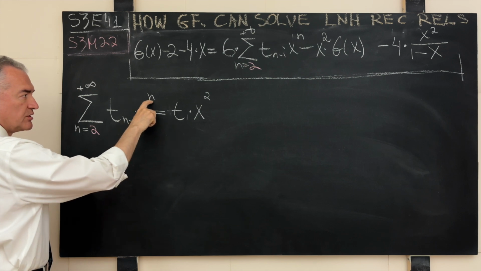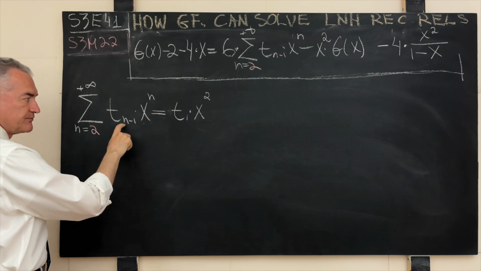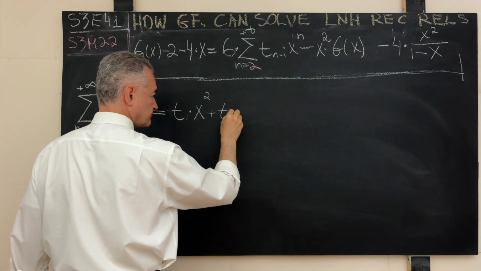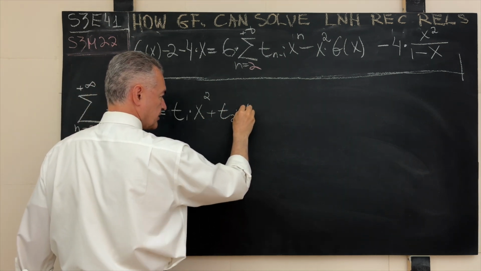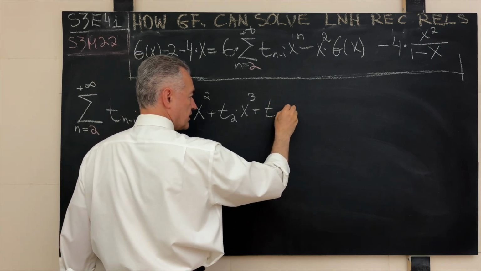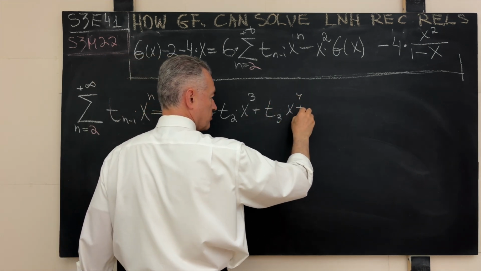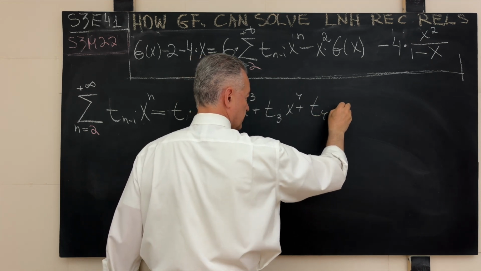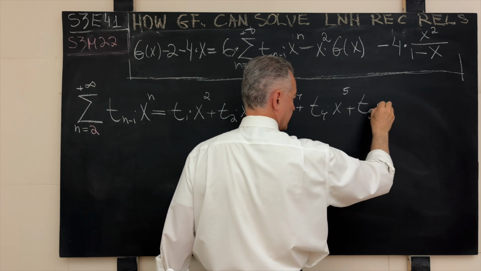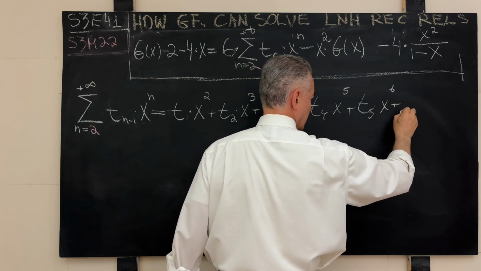The difference between n and n minus 1 will be 1, and off it goes, plus t2 times x to the third plus t3 times x to the fourth plus t4 times x to the fifth plus t5 times x to the sixth, and so on.